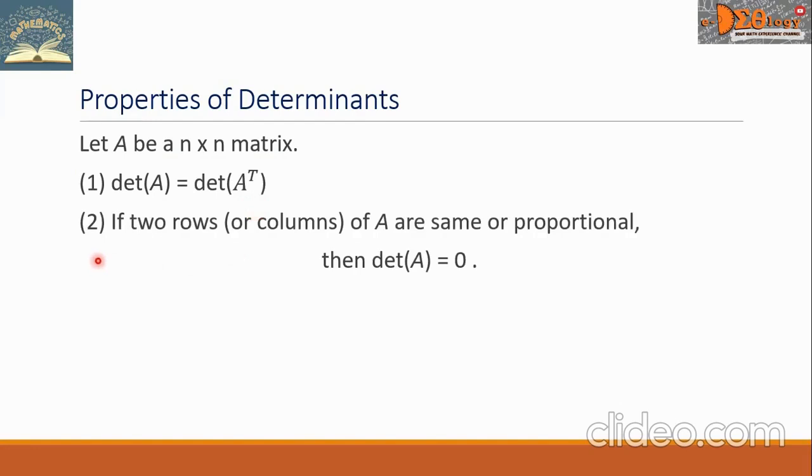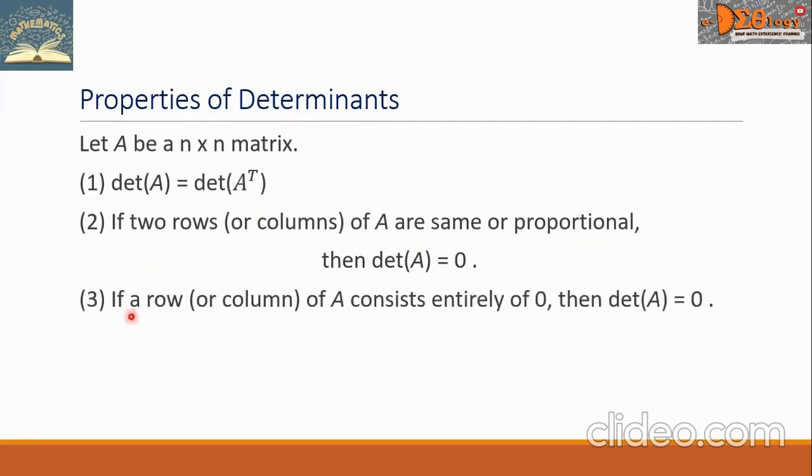Property number 2: if two rows or columns of matrix A are the same or proportional, then determinant of A equals 0. Number 3: if a row or column of A consists entirely of 0, then determinant of A equals 0.